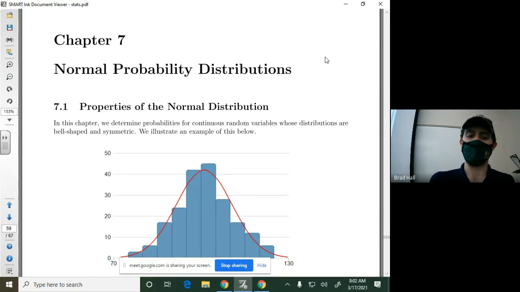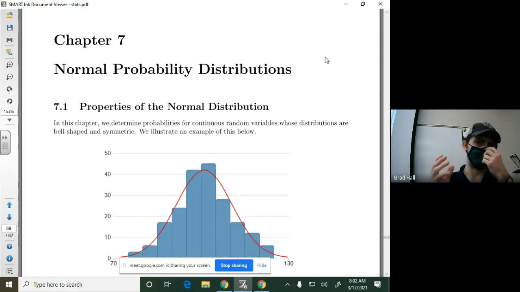We look at data that is countable and we analyze it accordingly. We figure out probabilities for one data point to occur, or at least some set of data points, or at most some set of data points. We dealt with those inequalities, we flipped them around, and we figured out some probabilities.